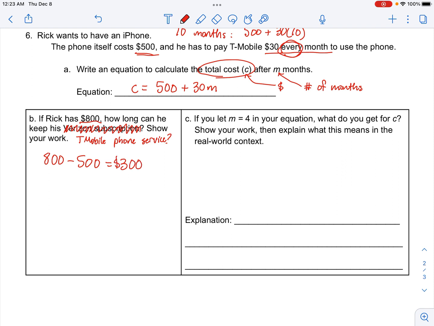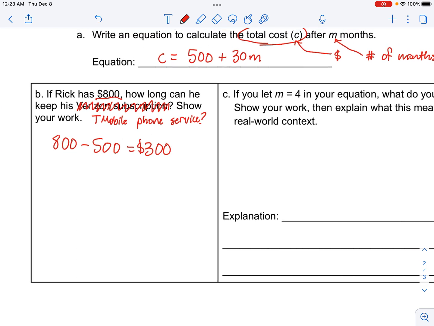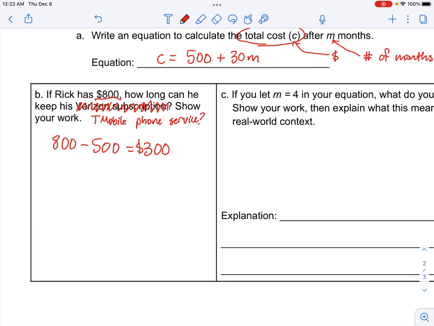So he would have $300 to spend on the T-Mobile phone service every month. So let's think about that costs $30 a month. So $300 divided by the cost, $30 a month, is going to give us how many months he can pay. 10 months. So he can keep his T-Mobile phone service for 10 months if he starts with $800.